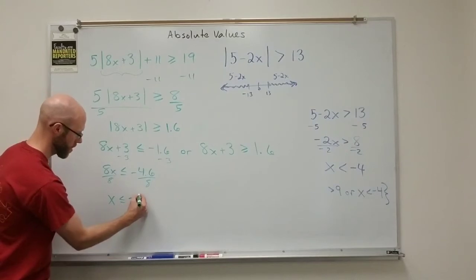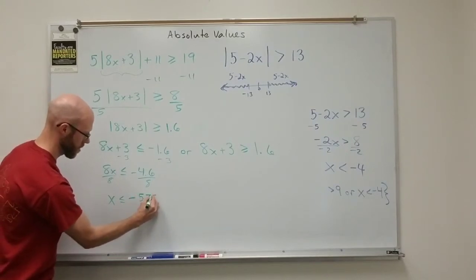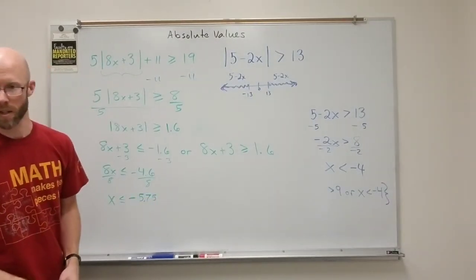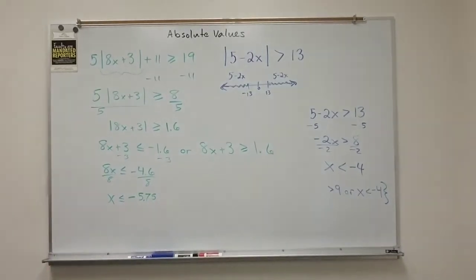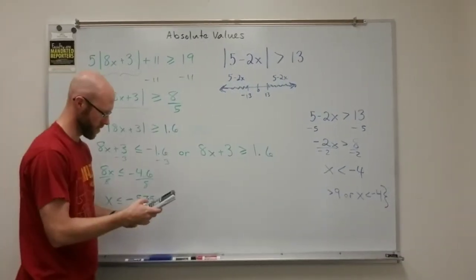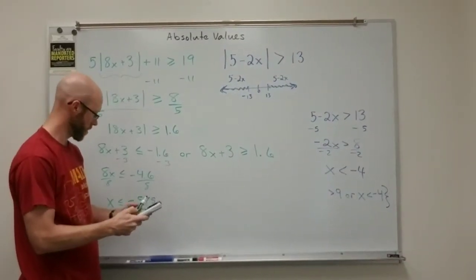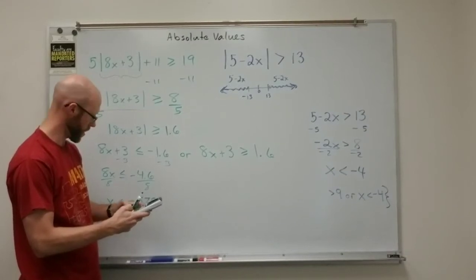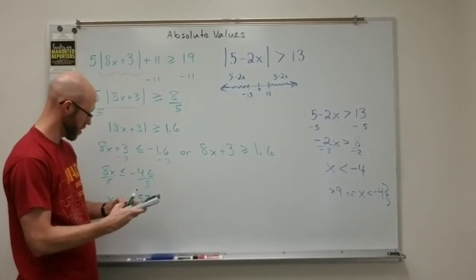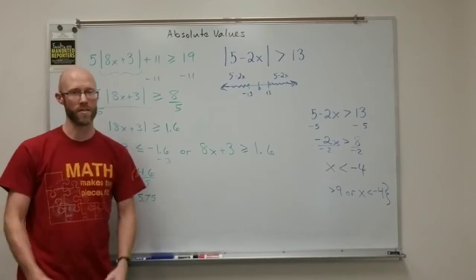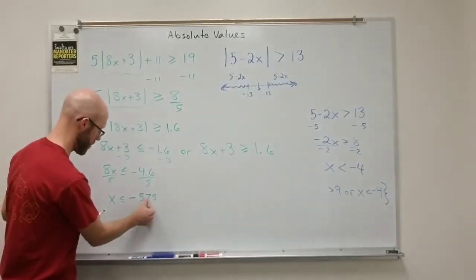Something like that. Let's double check. I don't have a calculator on. Yes, I do. Here's a calculator. 4.6 divided by 8. How about 0.575? Put the decimal in the wrong spot. That would work.